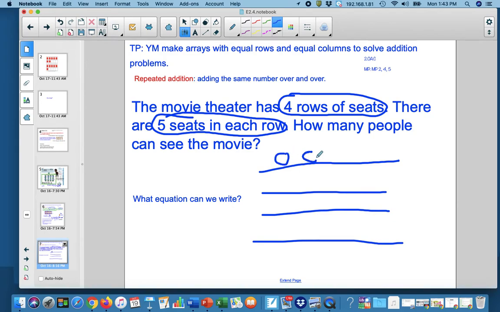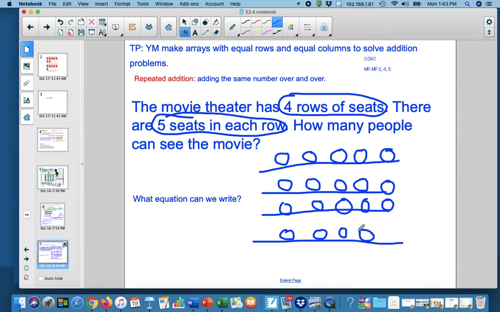1, 2, 3, 4, 5. In each row. I'm going to give a little key.